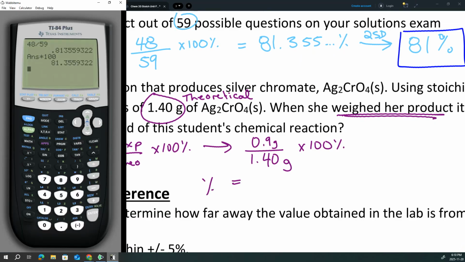So our percent yield, if we do 0.9 divided by 1.4 times 100, we got 64.2857.